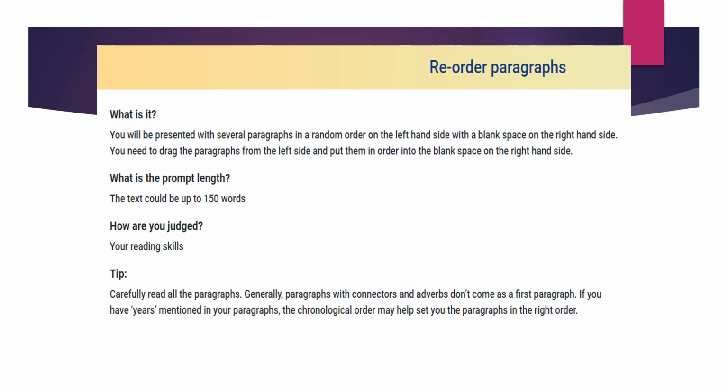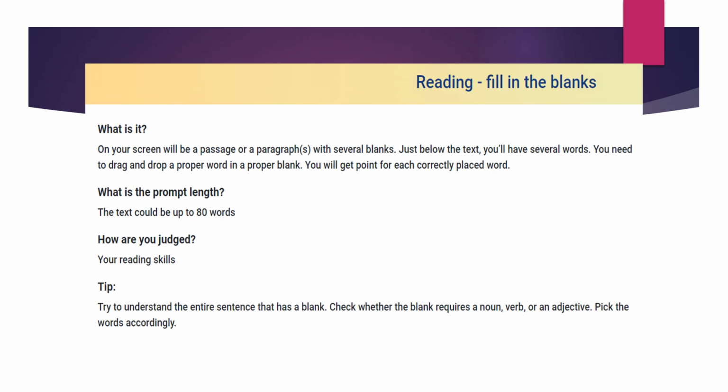Generally, paragraphs with connectors and adverbs don't come as first paragraphs, because the first paragraph should have background information or an introduction. So if you have years mentioned in your paragraphs, the chronological order may help you set the paragraphs in the right way. You need to focus on the connectors, transitional words, and the ideas given in those paragraphs. Then it will be easy for you to rearrange them in a proper order.